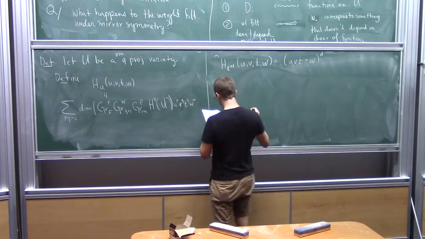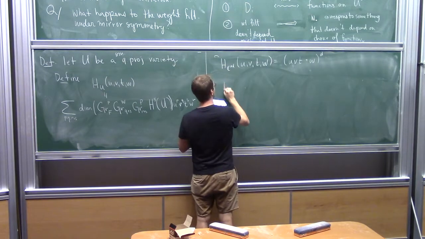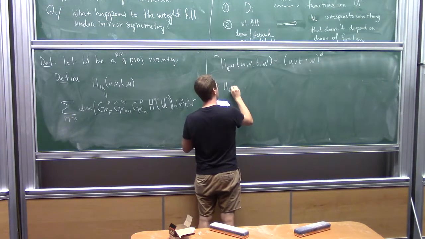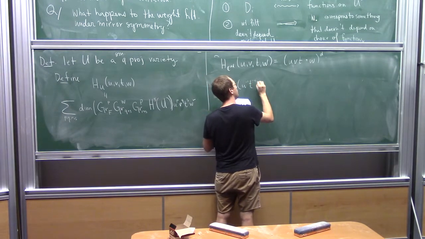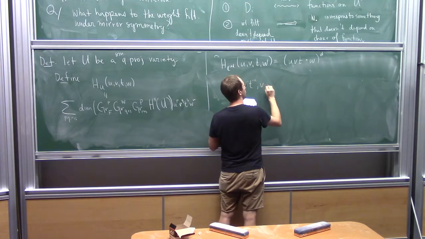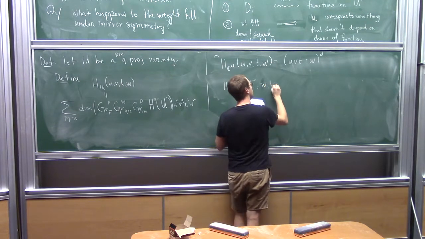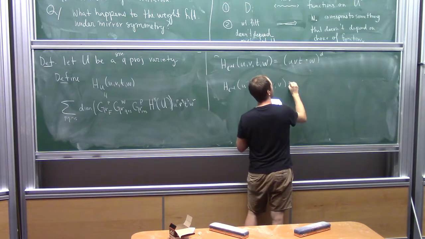It's not extremely difficult. Then H of C star to the D of U to the -1, T to the -2, W, T, V. So what is this?